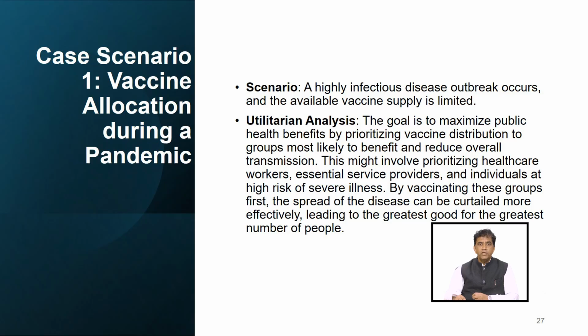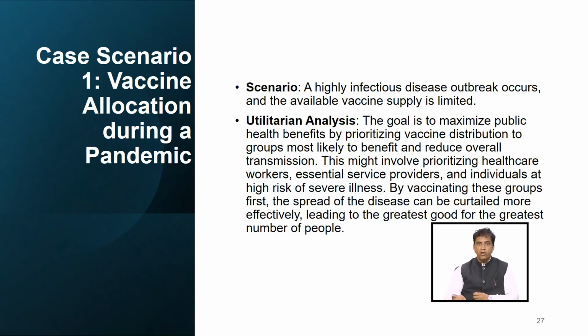So, if we have a utilitarian analysis of this, the goal is to maximize public health benefits by prioritizing the vaccine distribution to the groups that are most likely to benefit and reduce the overall transmission. So, that is why we saw that initially all the doctors and persons working in the healthcare sector were provided with these vaccines.